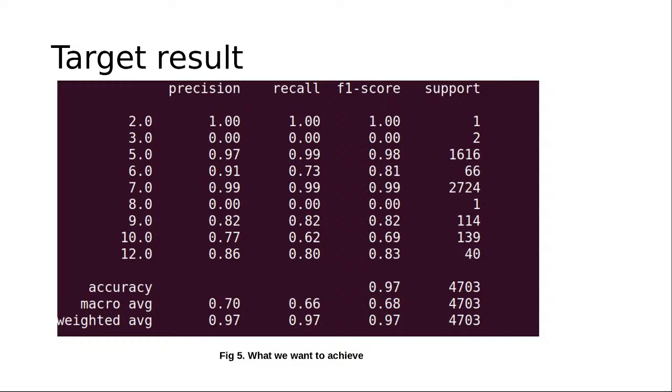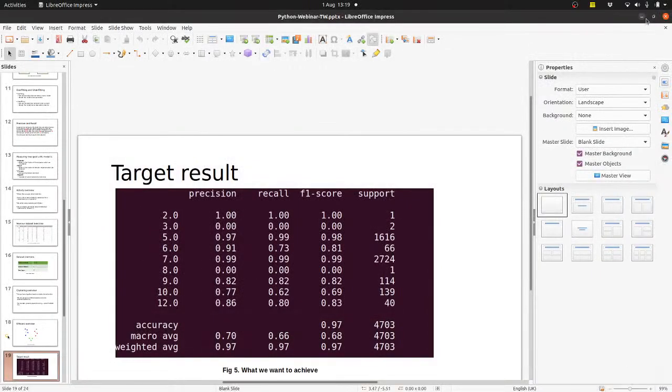And out of these, 1,616 features are correctly classified as such. So that's what we want to achieve. With that said, let's look at our practical session.